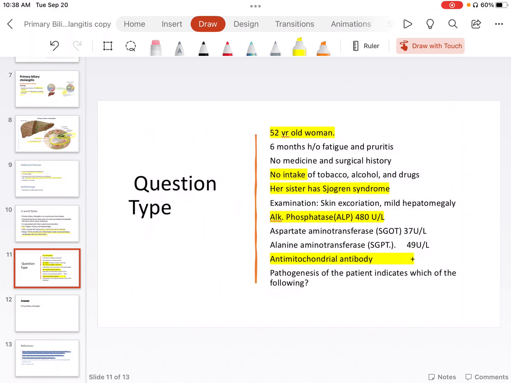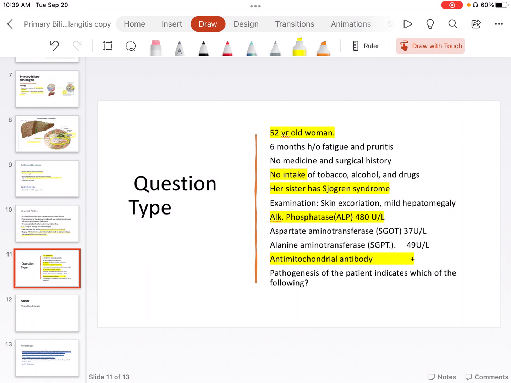So what kind of question will we see? We can see a question like this in USMLE or in UWorld: a 52-year-old woman having a 6-month history of fatigue and pruritus, no medical or surgical history, no intake of tobacco, alcohol, or drugs. Her sister has Sjogren's syndrome. Examination shows skin excoriation and mild hepatomegaly.